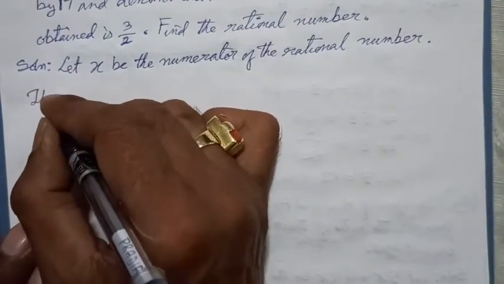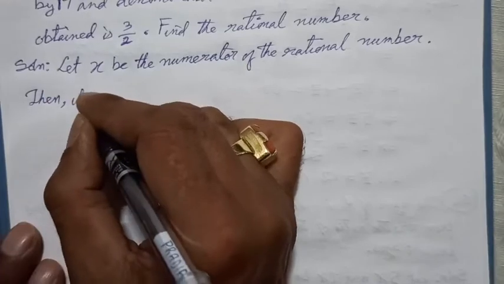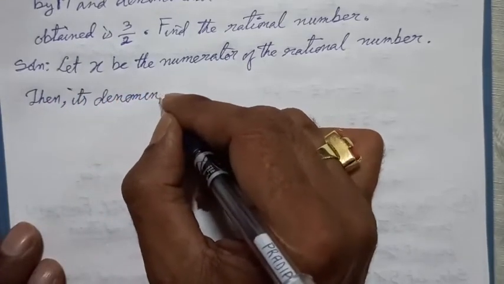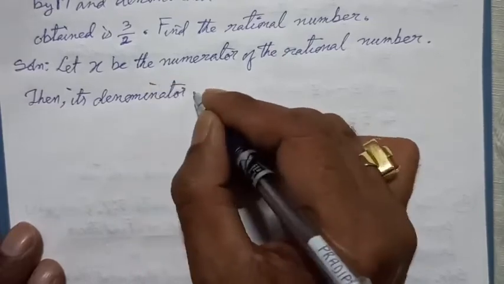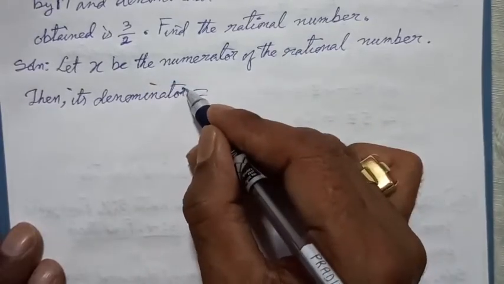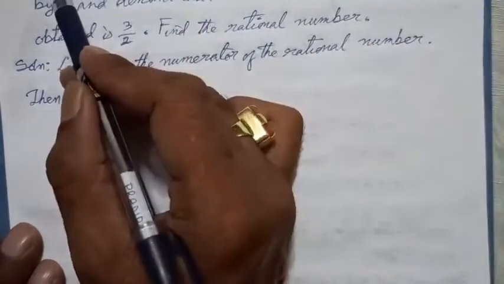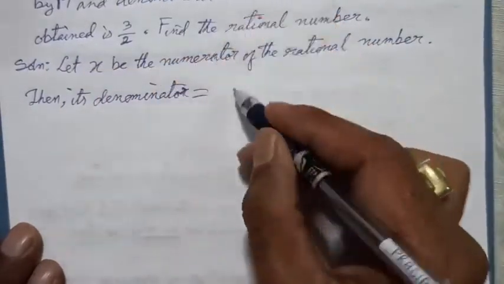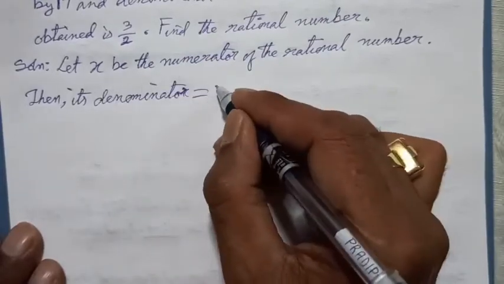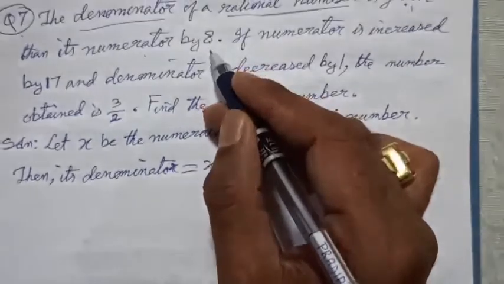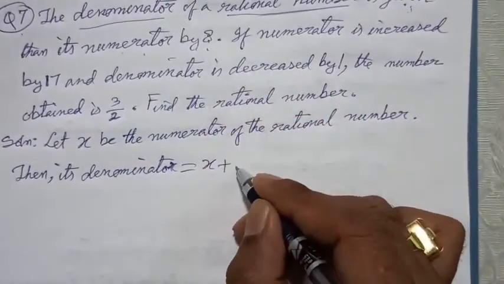Then its denominator. In the question it is given that denominator is greater than its numerator by 8. That means numerator is x, and if we are adding this number 8, then this will be the denominator.